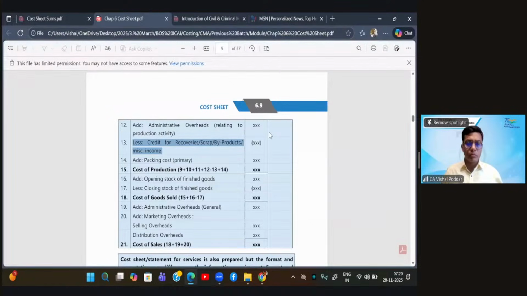So this byproduct or this scrap, we have always subtracted the values from our total cost.